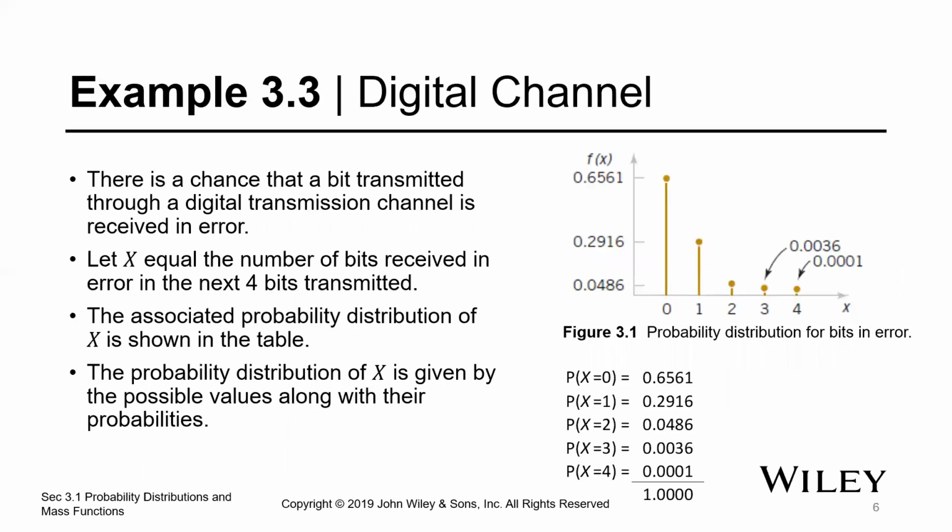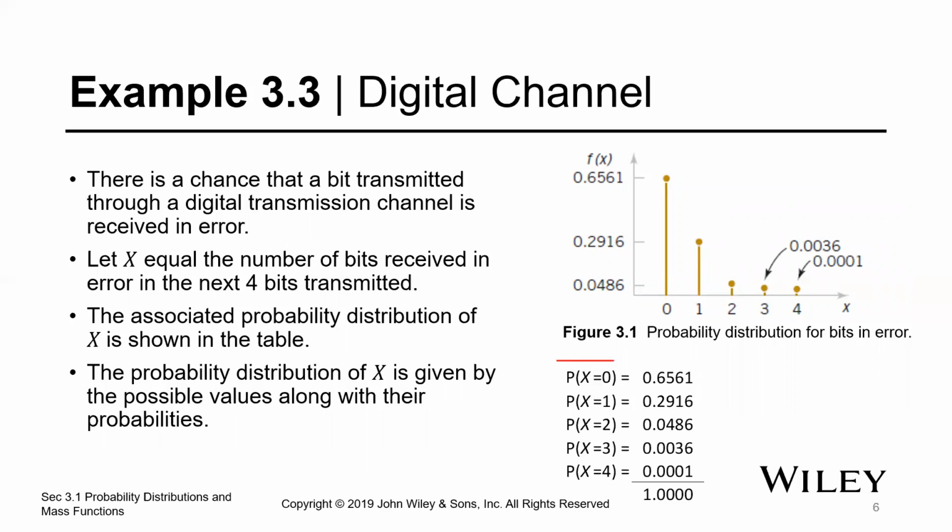So there is a chance that a bit is in error. X is the number of bits in error in the next 4 bits transmitted. The probability is given.